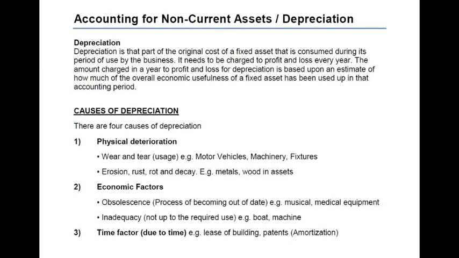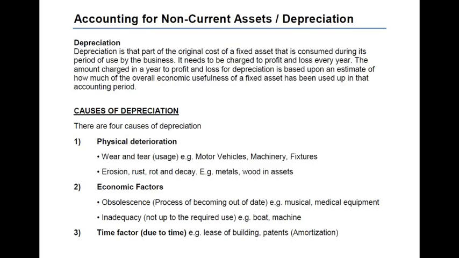As the car is running, the tires also wear, the interior also gets old, there are scratches on the body, maybe some dents on the body, and some color shade off. So these are all the things that make the car lose its value, and the reduction in the value of a non-current asset is known as depreciation.